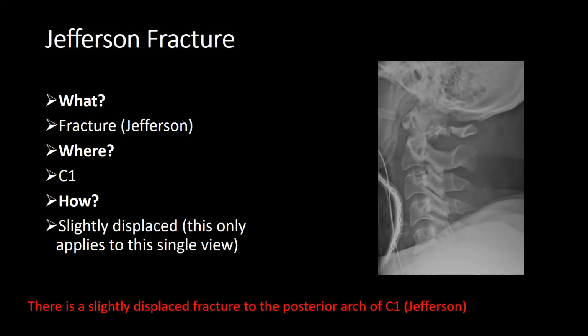Okay, let's have a look at the Jefferson fracture on the lateral C-spine. Let's assess our lateral C-spine. A is for adequate. Okay, got base of skull on, that's good. 1, 2, 3, 4, 5.